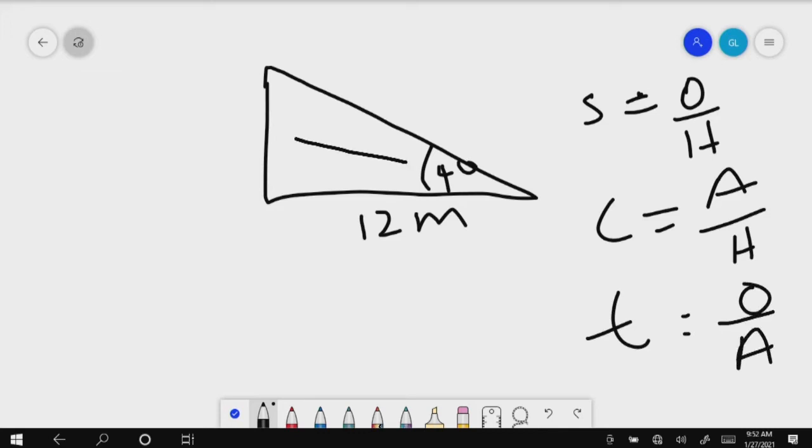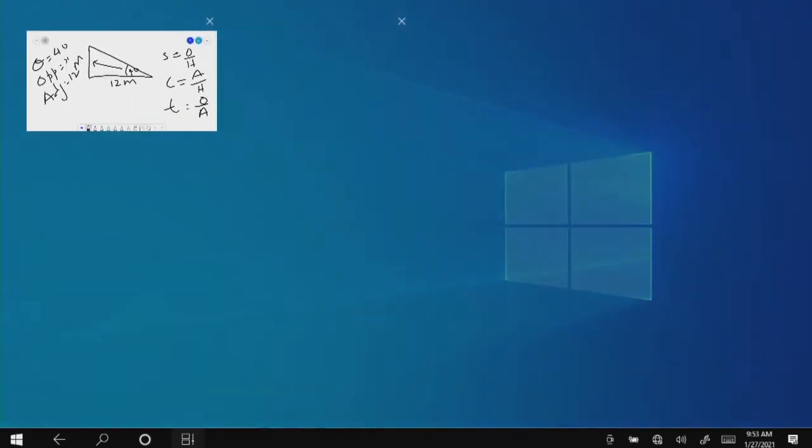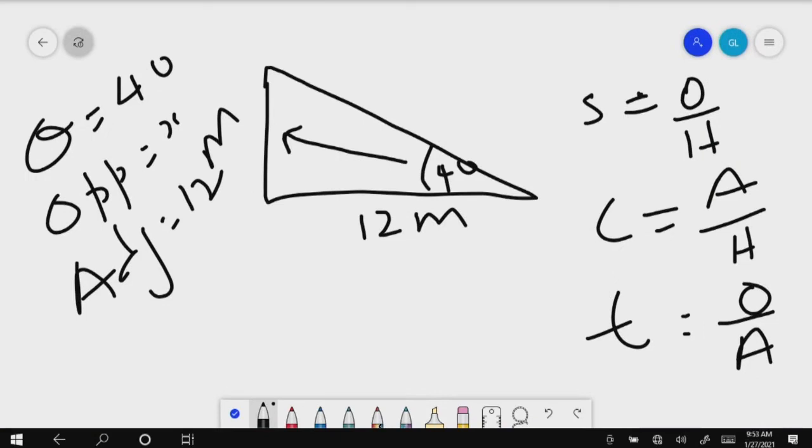Now, if we want the opposite side given an angle, and we were given the adjacent side, right there we could see which of the trigonometric ratios we could use with the values known in the question.